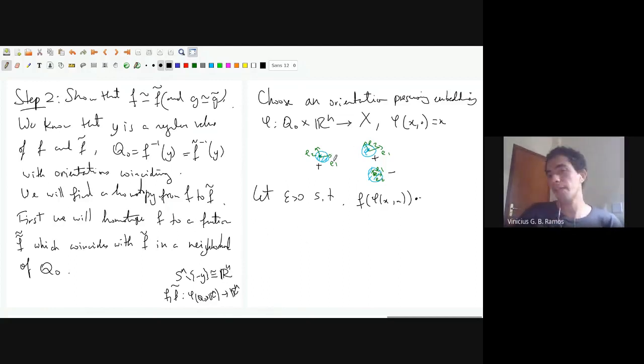So what I'm saying is I'm going to keep this function f constant away from these neighborhoods. So I just want to modify it in these neighborhoods. So I can do the transformation just in Rn. Okay, so I'm going to define. So maybe let me say that first.